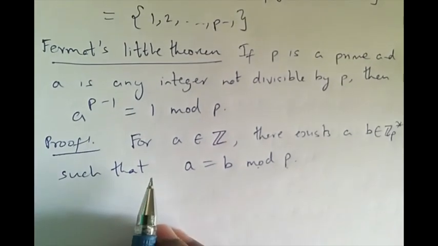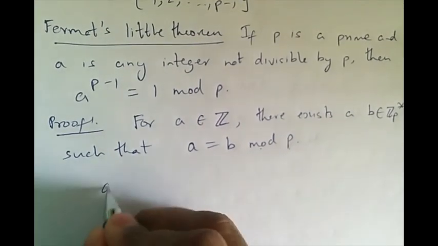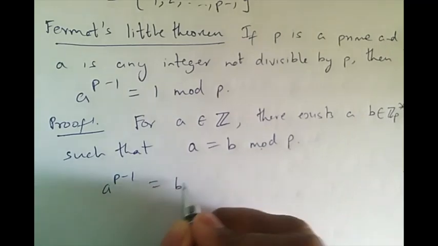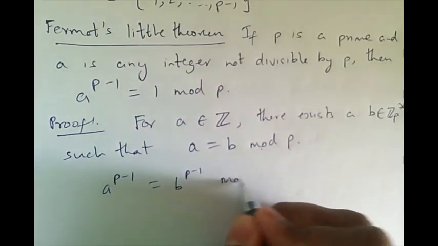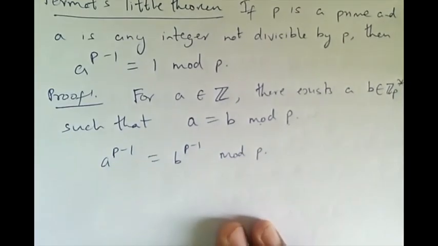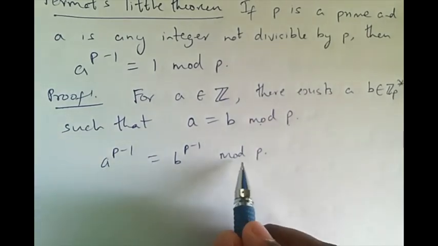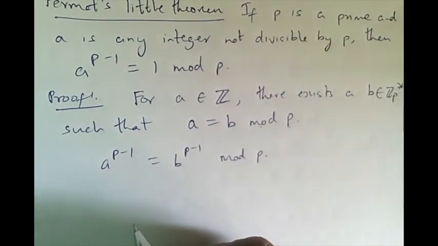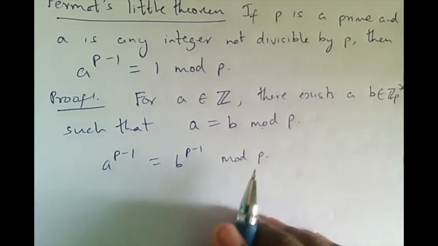Okay. So then a to the p minus 1 will be equal to b to the p minus 1 modulo p. So all we need to show is that b to the p minus 1 is equal to 1 modulo p.